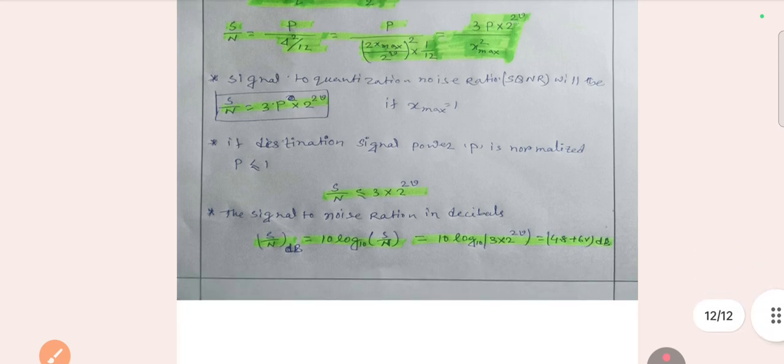Signal to quantization noise ratio will be S by N equals 3P into 2 to the power 2V when x max equals 1. If the normalized signal power P is less than or equal to 1, then S by N is less than or equal to 3 into 2 to the power 2V.